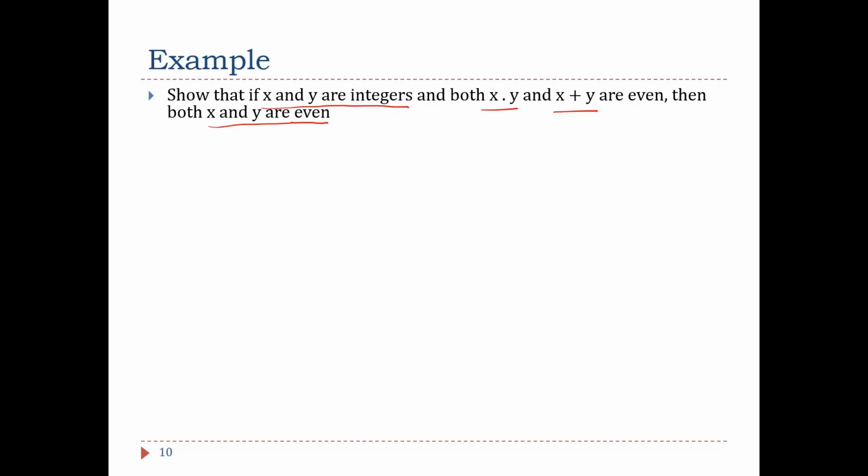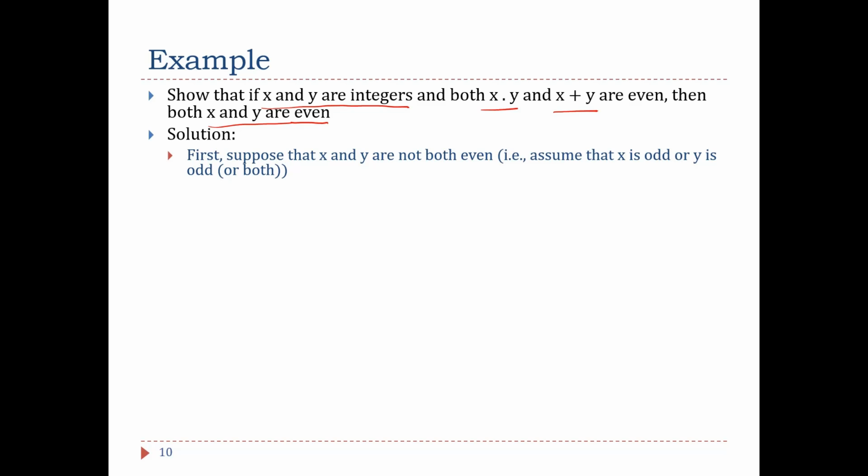If you think about it, we can actually show the contrapositive. So we suppose that x and y are not both even, which means that either x is odd or y is odd or both.